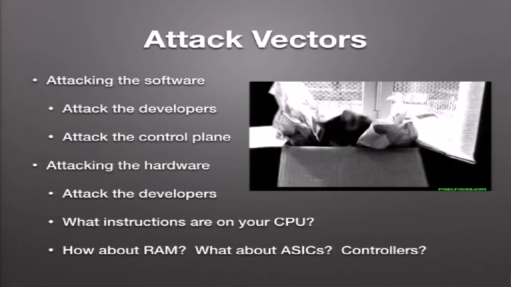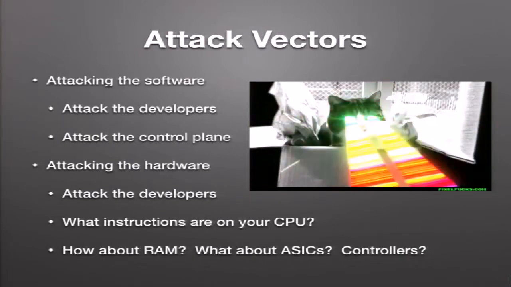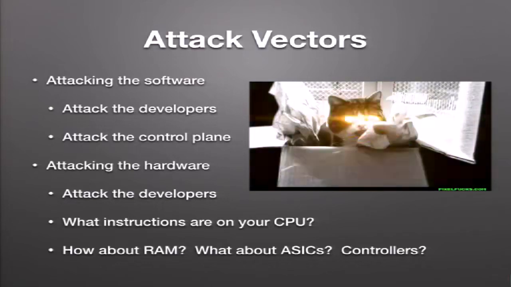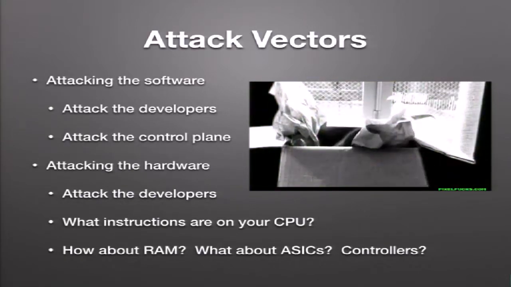So I'm going to talk about attack vectors. I'm with you, definitely. The Cisco stuff's not new. To me, it's what the hell are these guys actually doing? Because this is just the stuff we know of. If I were looking to break into a data center, I would start looking at the developers.